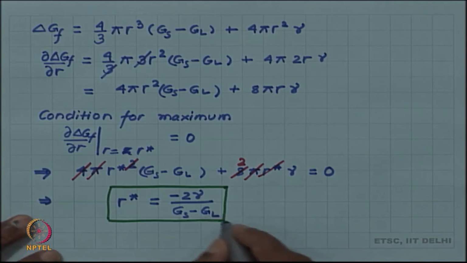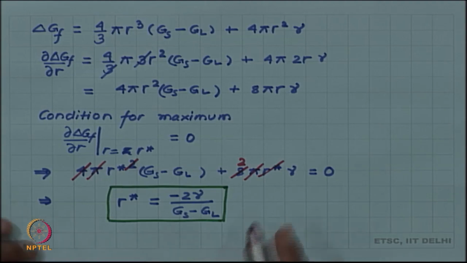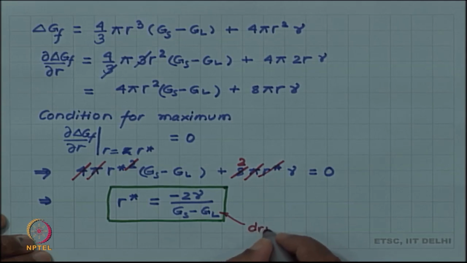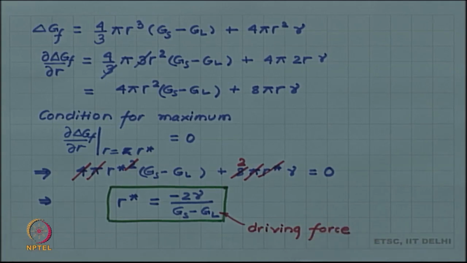Now, if you think about it, this Gs minus Gl is the driving force. This is what is finally making the transformation possible.